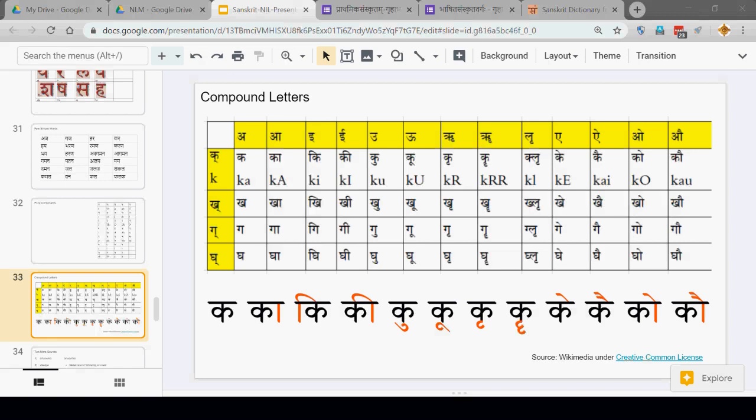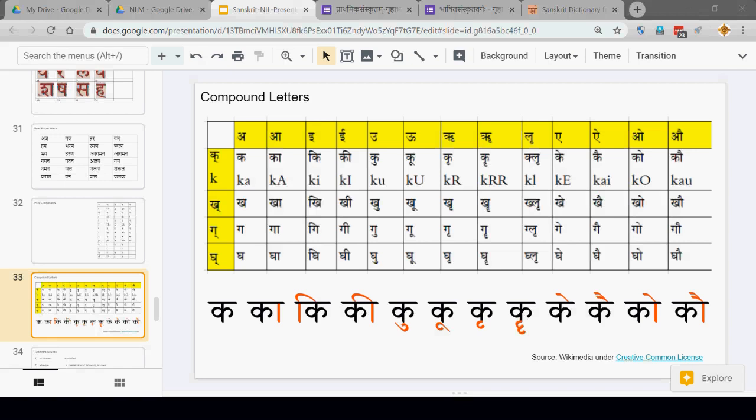Well, now to any consonant, we need to add a vowel in order to pronounce it. So when we add a sound to the k consonant, then it sounds like ka.